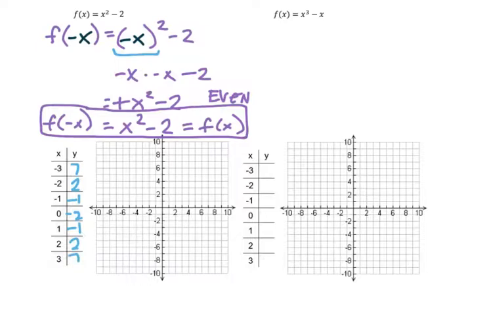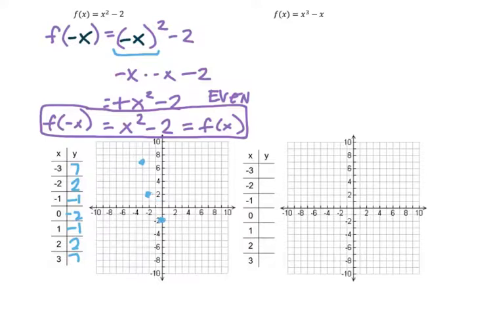And so taking a look at what we have here, our first one is negative 3, 7, so that's over here. Negative 2, 2, negative 1, negative 1, 0, negative 2, oh, negative 1, negative 1.